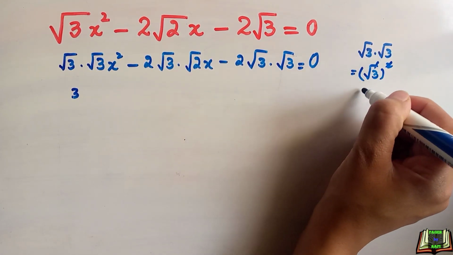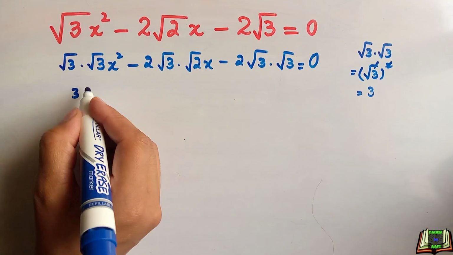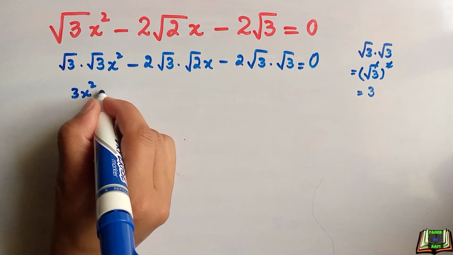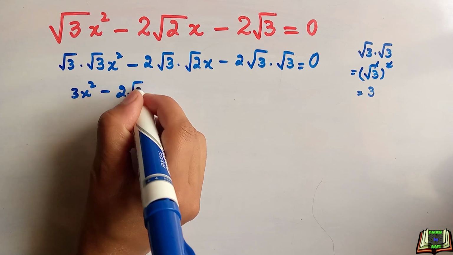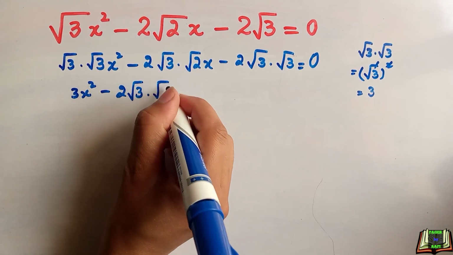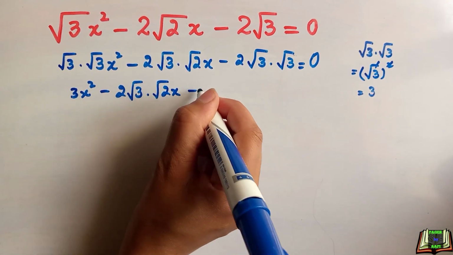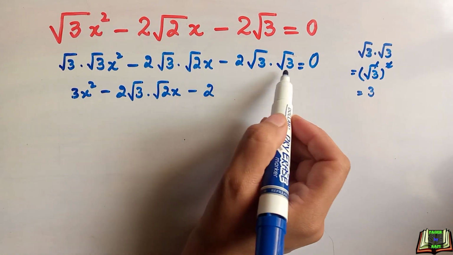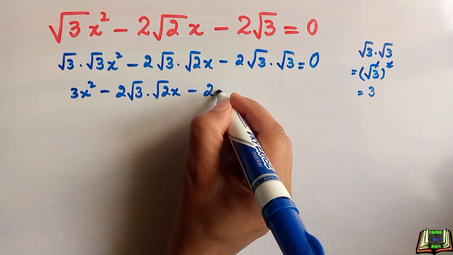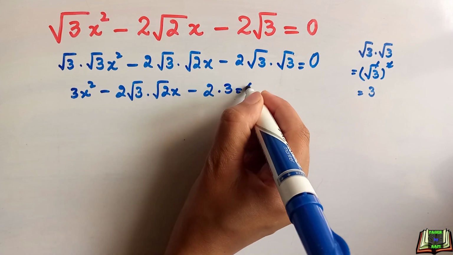This is equal to 3. So this will be equal to 3x square minus 2 root 3 times root 2x minus 2 root 3 times root 3, which is again 3, so 2 times 3, is equal to 0.